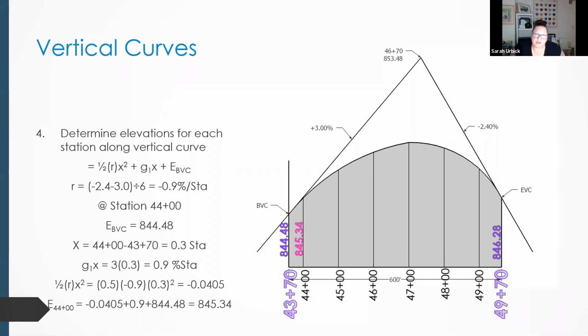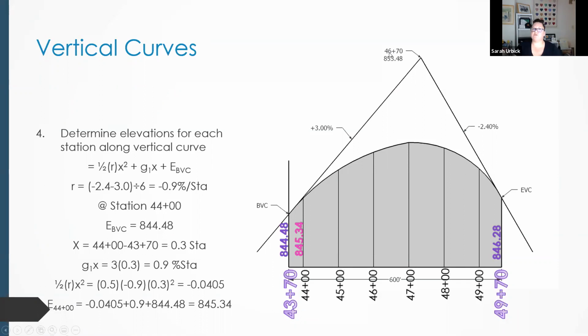So working backwards, what we're saying is that from that top point, we have a 3% downslope going backwards. So every 100 feet we go back towards the beginning, we're going to drop 3 feet. So at station 45 plus 70, I'm going to drop 3 feet, which means my elevation is 850.48.